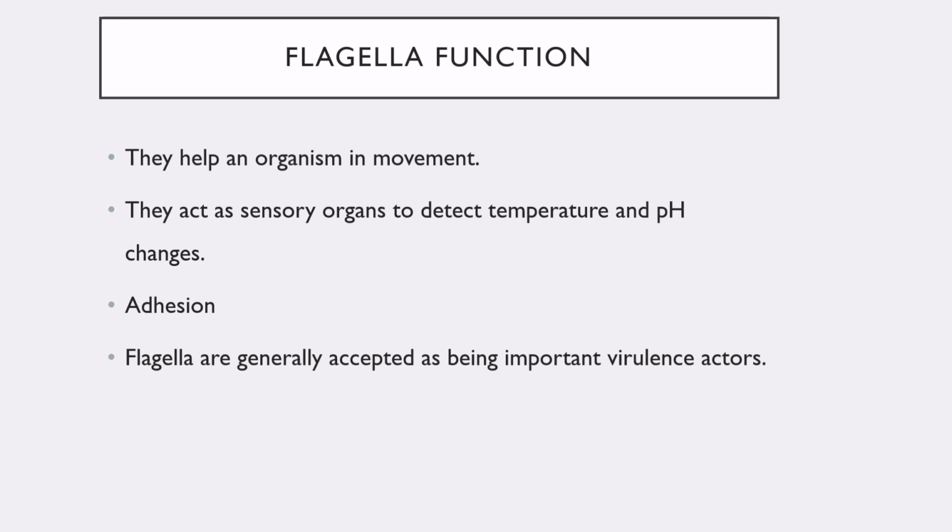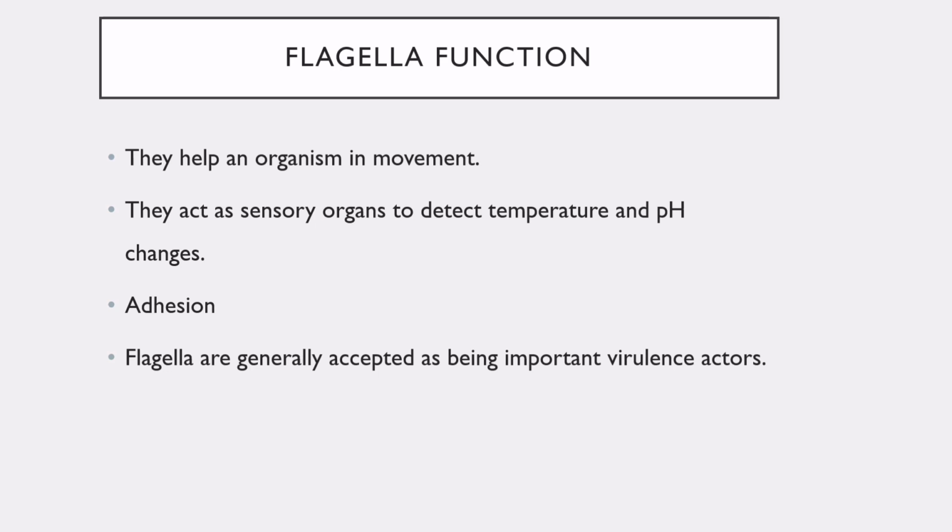Here, as we're talking about the bacterial structure, the function of the bacterial flagella includes movement. First of all, as we've discussed all this lecture, flagella is involved in locomotion. Then they act as sensory organs to detect the changes in temperature and pH, and they perform taxis movements.